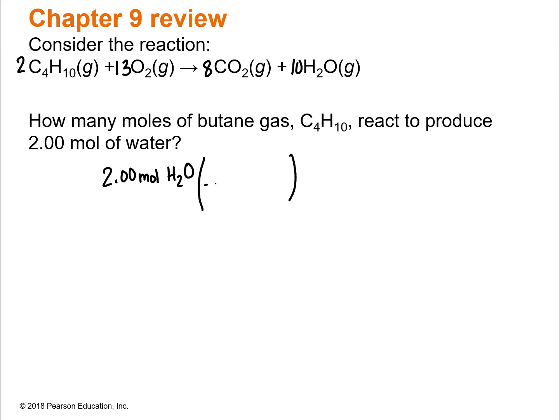Now that we have a balanced equation, we can just look and write a mole-mole ratio. So we need to put butane in the top. And we need to put the waters in the bottom.